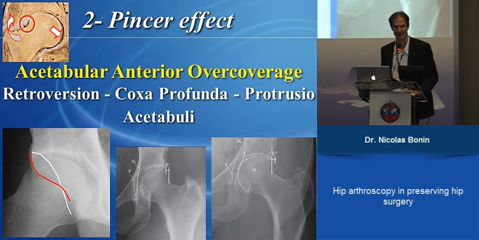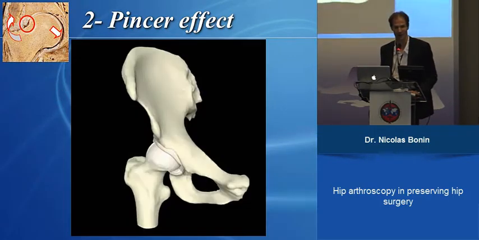What about the Pincer effect? It's generally secondary to an acetabular anterior overcoverage that could be retroversion, coxa profunda, or protrusio. And another video to show the principle. You have the overcoverage of the acetabulum, and in deep flexion, the neck will abut on the anterior superior labrum. So the first lesion will be on the labrum, not only on the cartilage, but on the labrum.